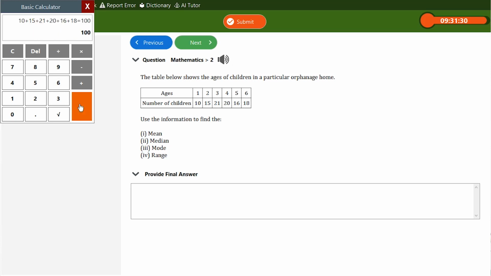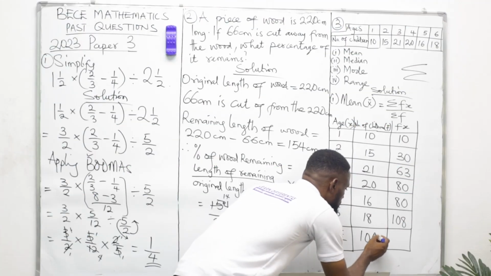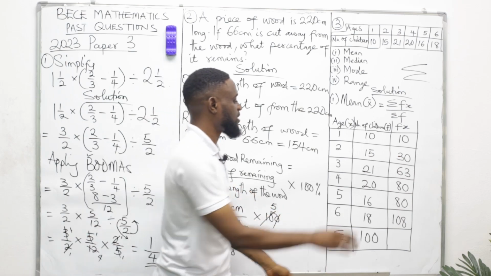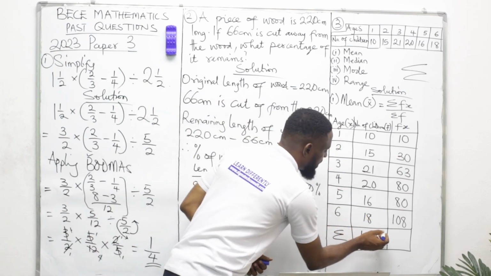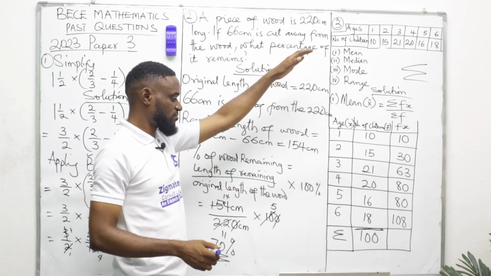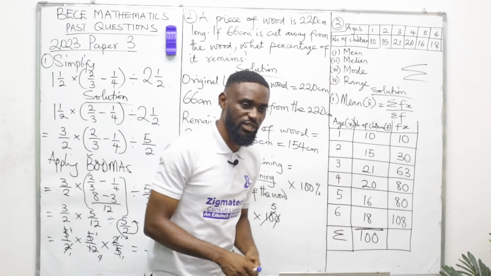So this is 100 here, right? Okay, that is the summation of that. So everything we have in the f, the frequency, is 100.